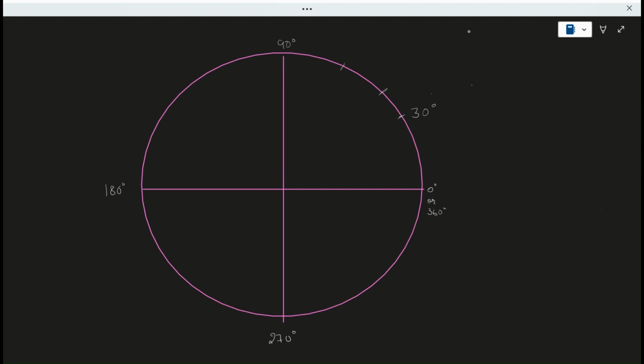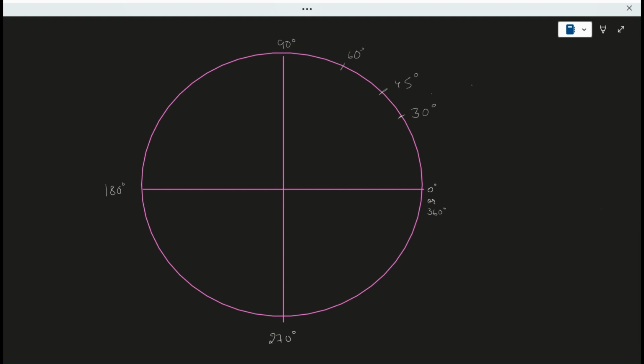Let me mark them: 30°, 45° and 60°. I'll be talking about only the first quadrant currently, so that you can understand the things, and later on we'll move to the full circle and different other quadrants.